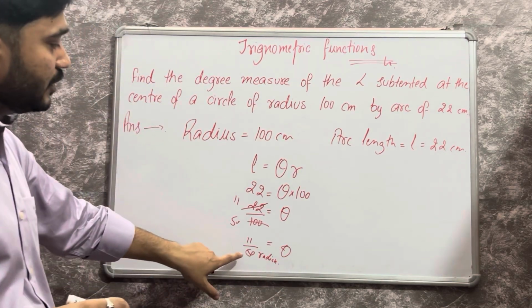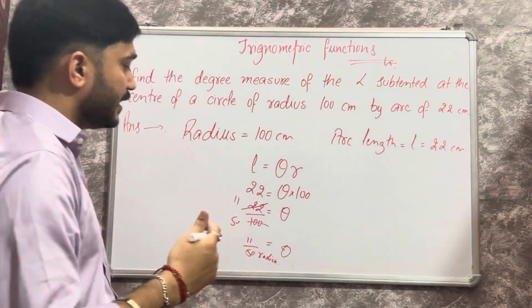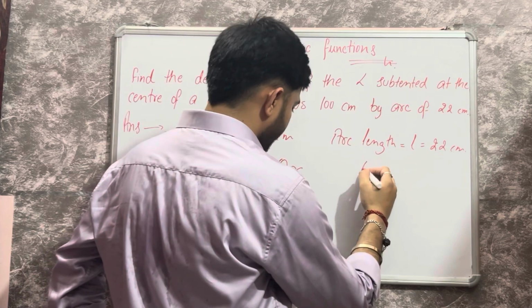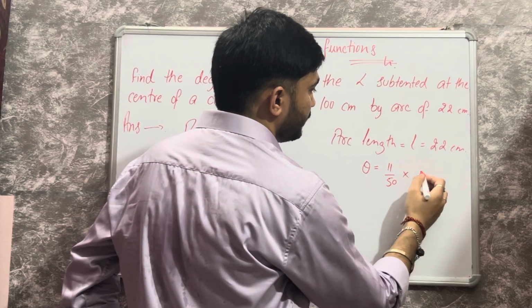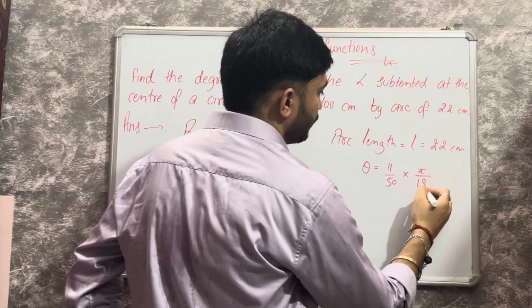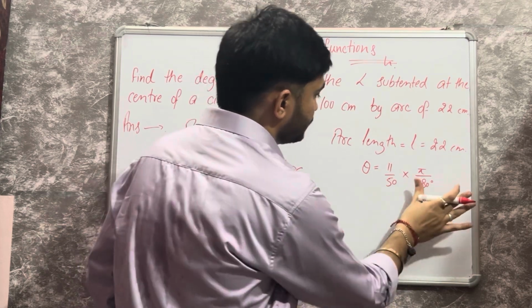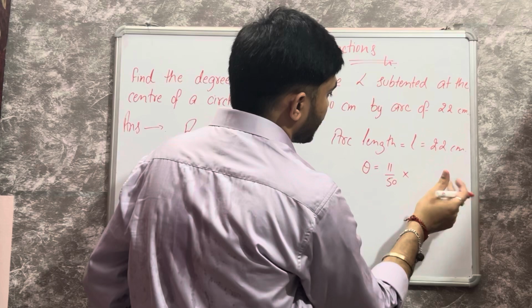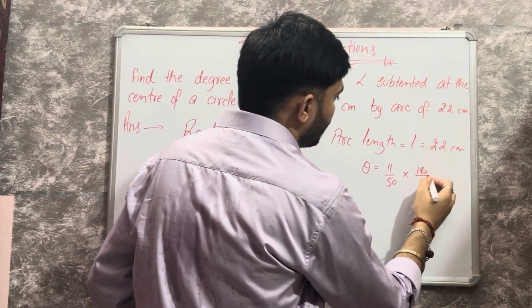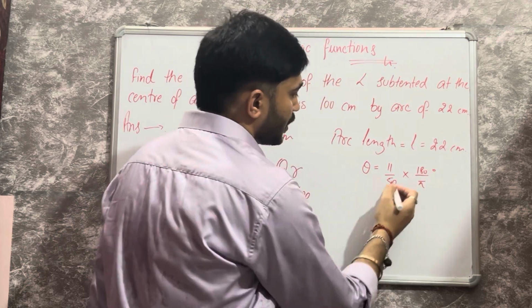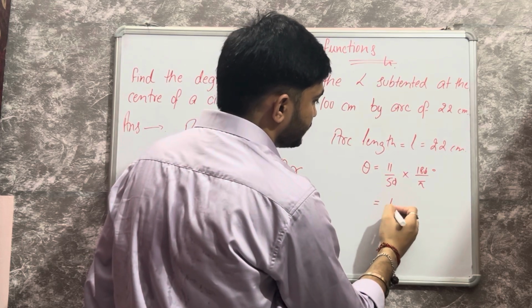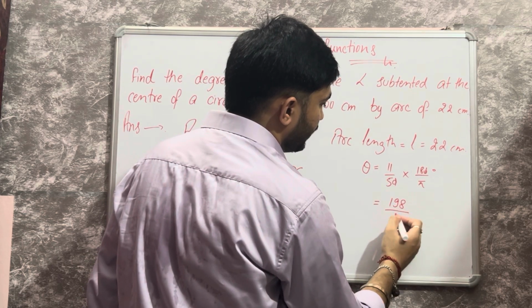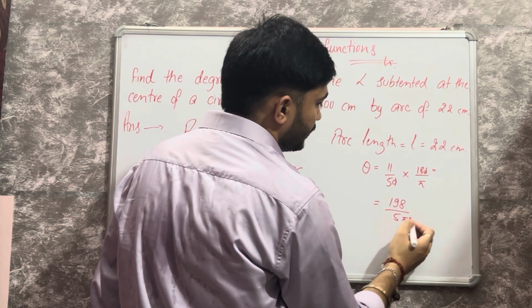If we want to convert this radian into degrees, what we have to do is theta is equal to 11 by 50 radians multiplied by 180 degree upon pi. 0, 0 cut. 18, 11 is 198 divided by 5 pi.